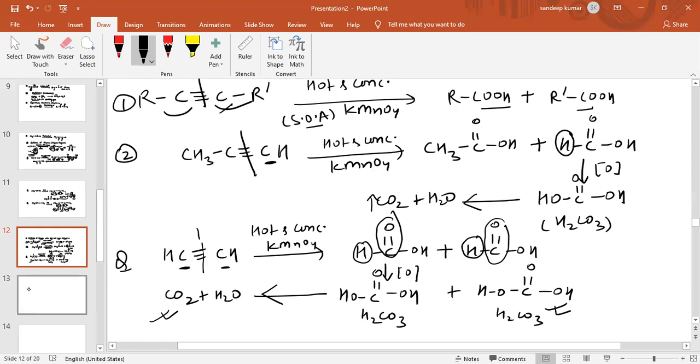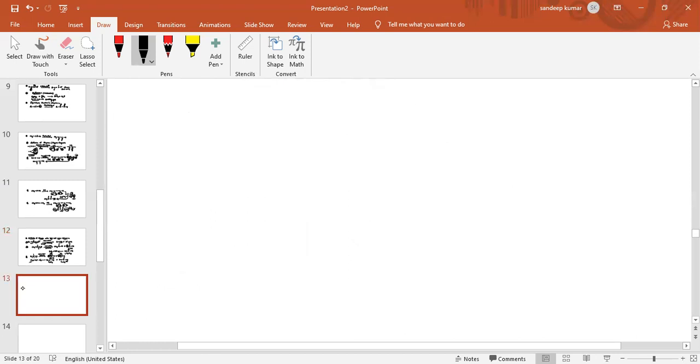Now see the next reaction, also based on this. If the question is like this, CH3, C, CH3, C triple bond C, CH2 and CH3. See what happens. Now we can see this will divide into two carboxylic acids from this point.